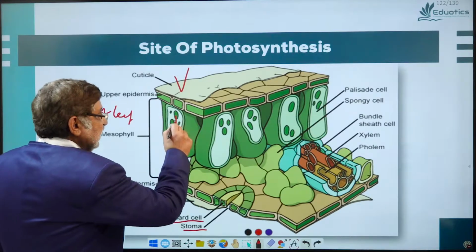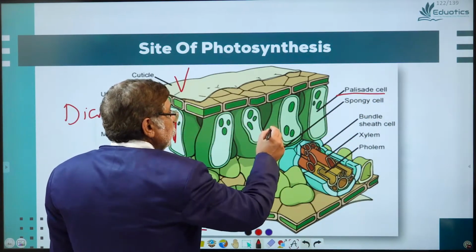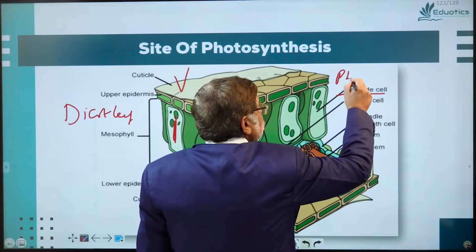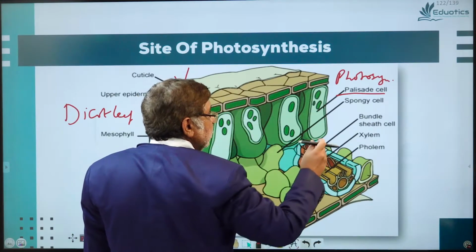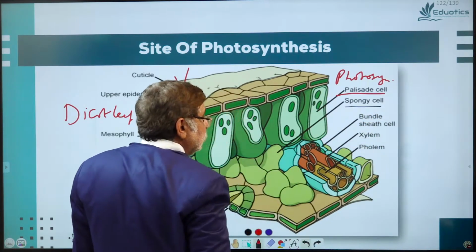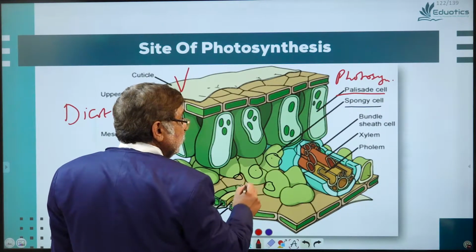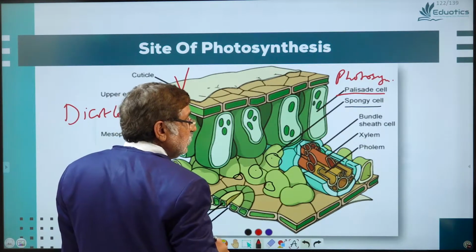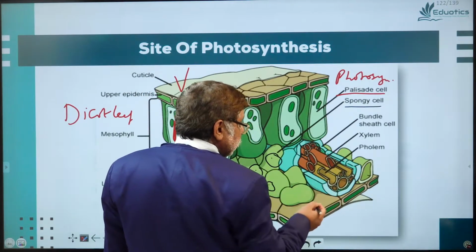The upper layer is palisade parenchyma, which has chloroplasts and will mainly be responsible for photosynthesis. Then spongy parenchyma, which has large intercellular spaces so that gases can diffuse in and out very easily. Then bundle sheath is there, xylem towards the upper side, phloem towards the lower side.